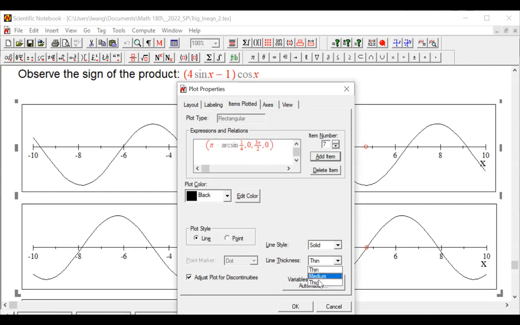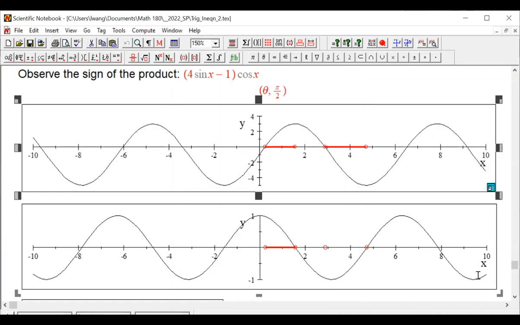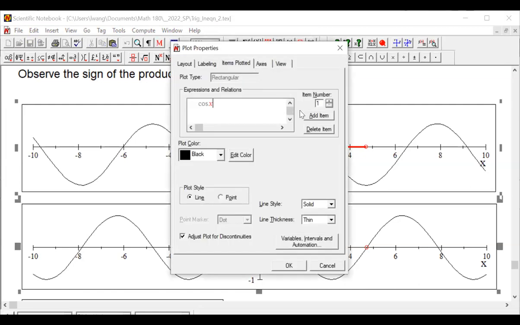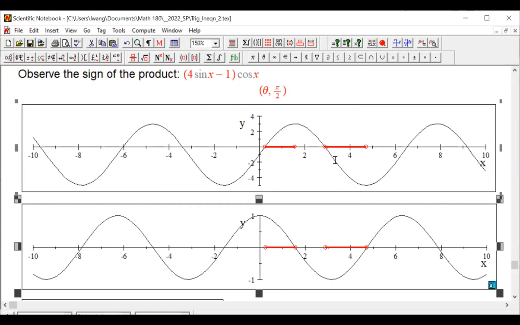There's a line segment, and that piece of line segment, the red piece, is the solution over there. Negative times negative is positive, so the second interval of solution would be pi minus theta to 3 pi over 2. You can see how the graph helps us identify that solution.